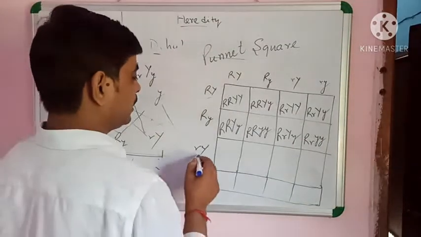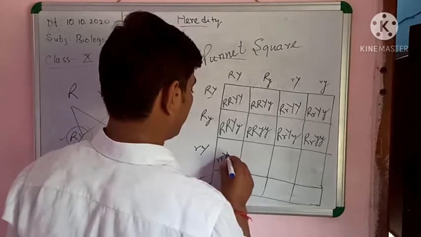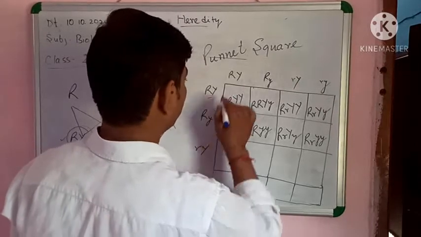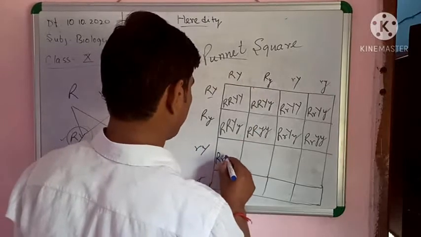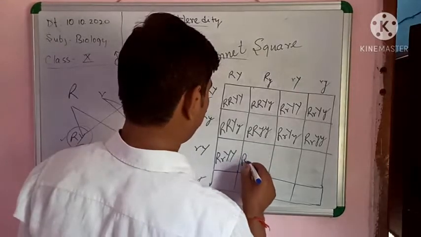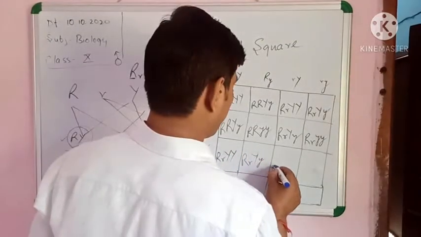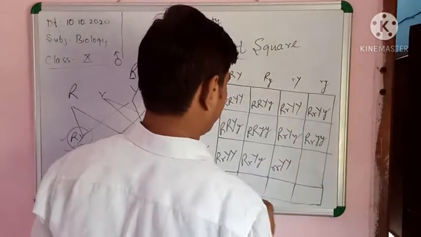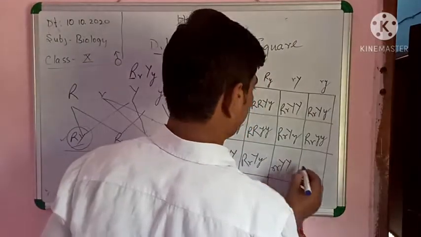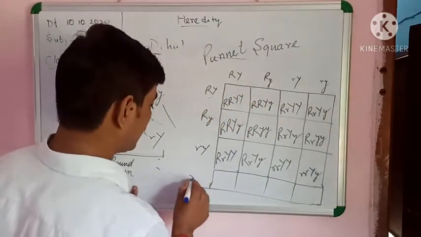Okay. Similarly, you have to do this for small r, capital Y, with this: capital R, small r, capital Y, capital Y. Then capital R, small r, capital Y, small y. Small r, capital Y, capital Y. Then capital R, small r, capital Y, small y. Here was ry.